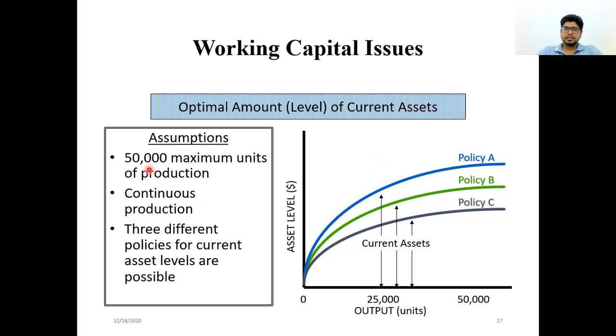The company can produce a maximum of 50,000 product units, and it is involved in continuous production, not a one-off production. This means the company is running over time, and three different policies for current asset levels are possible.